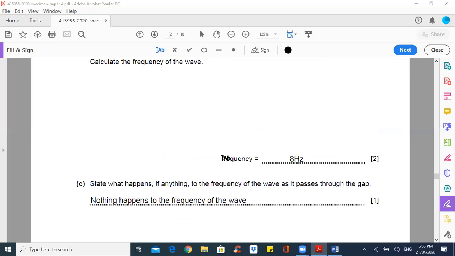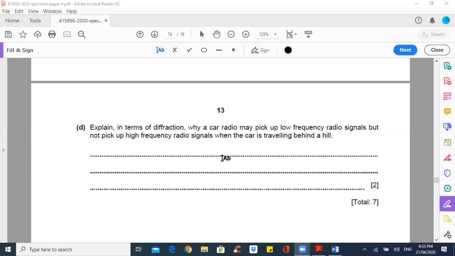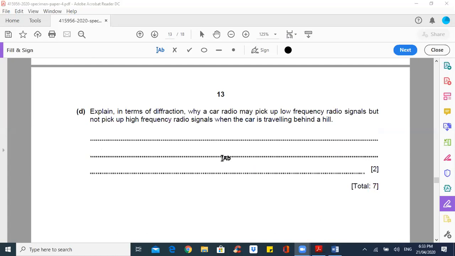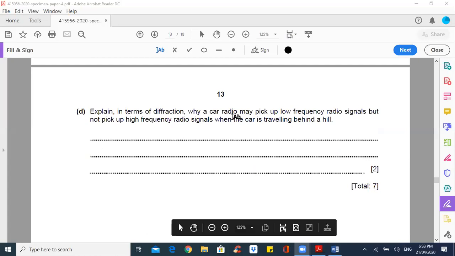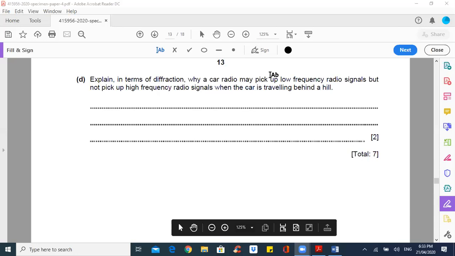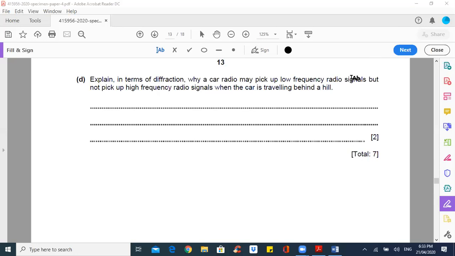Nice. So they said now, in part D of the question, explain in terms of diffraction why a car radio may pick up low frequency radio signals, but not pick up high frequency radio signals when the car is traveling behind a hill.